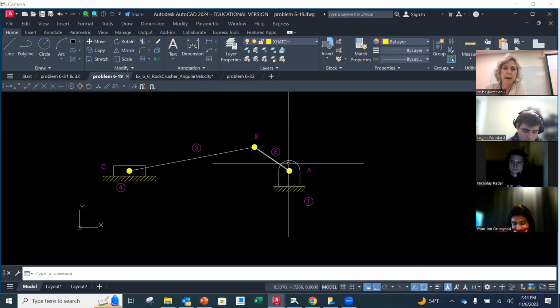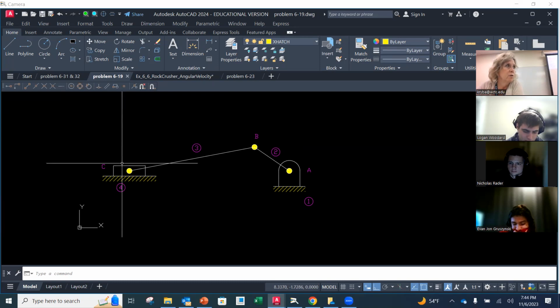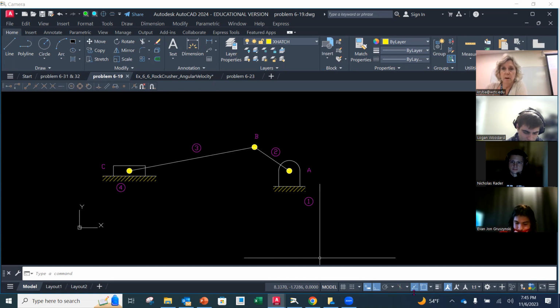And then our A, B, and C respectively for each one of those links at the joints. So step number 1 is going to be the diagram. All right. So make sure that you draw this to scale with all of the labels to start off with.